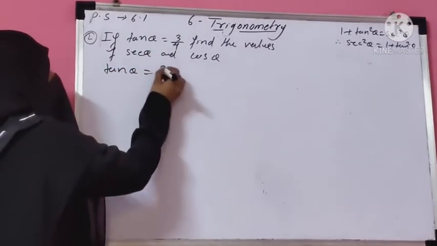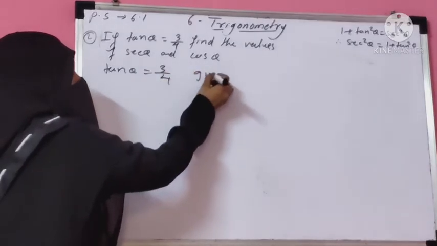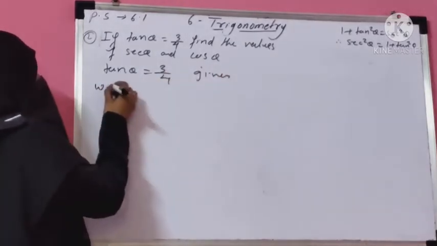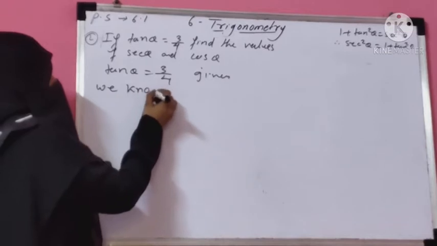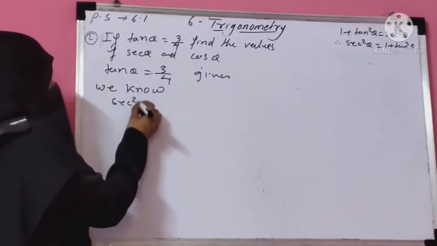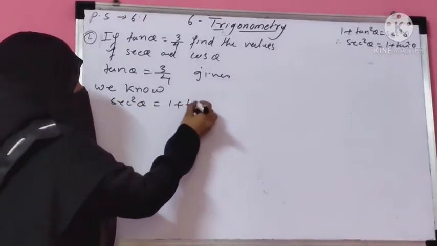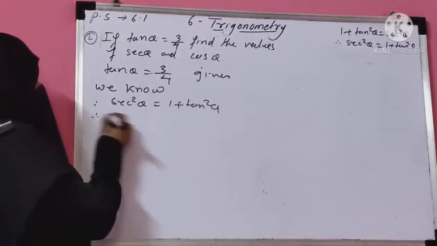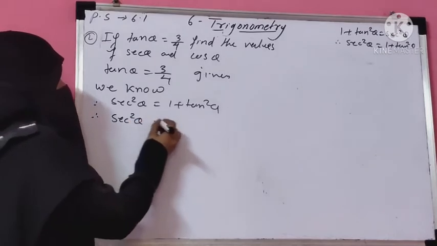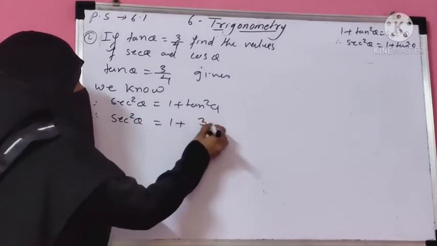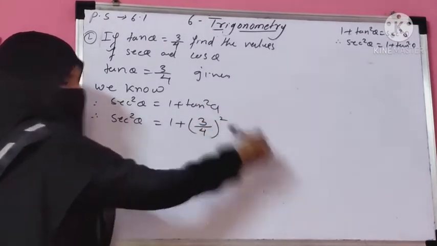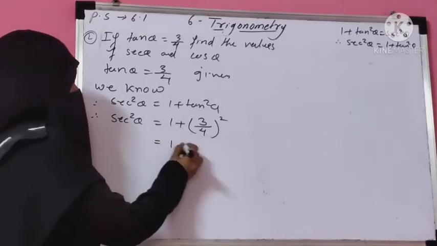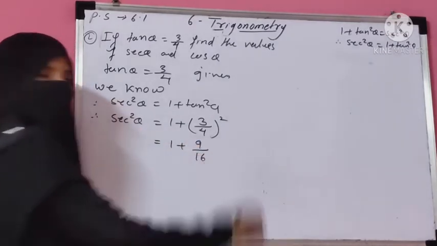Tan theta is equal to 3 upon 4 is given. Then write, we know that sec square theta is equal to 1 plus tan square theta by identities. Okay. Now substitute the value. Therefore sec square theta is equal to 1 plus 3 upon 4 square. Okay. Then next step is 1 plus 9 upon 16.